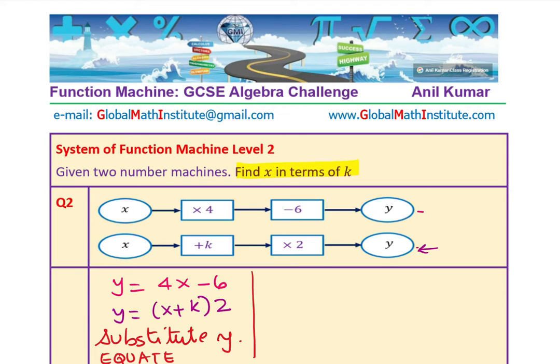So either one of them you can say, and then you can simplify. So let's rewrite this as 4x minus 6 equals to x plus k times 2. Now you can pause the video, solve this particular equation, and then check with my solution.